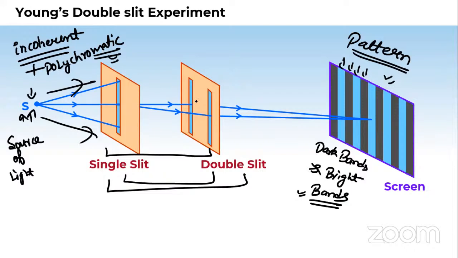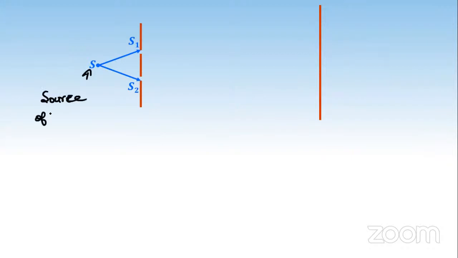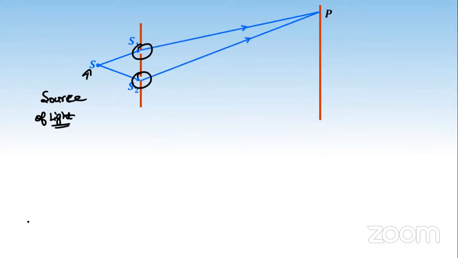Okay, students. So now we'll see a little bit more explanation of this. We'll see some mathematical equations which are connected to this YDSE. Suppose this is a source of light. This is the S1 source, this is the S2 source, and the light rays pass through these and interfere on the screen on the other side.